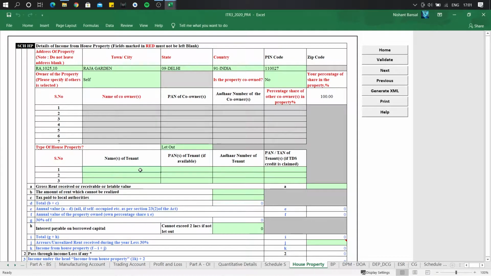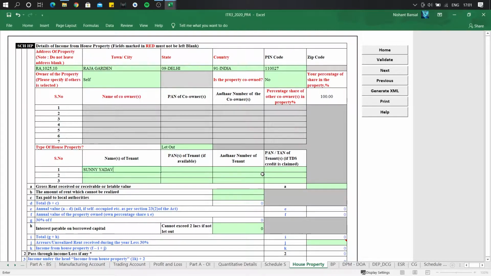So we have to mention the details of the tenant as well. So the name of tenant is Sunny Yadav, and the PAN of tenant is given. All right.